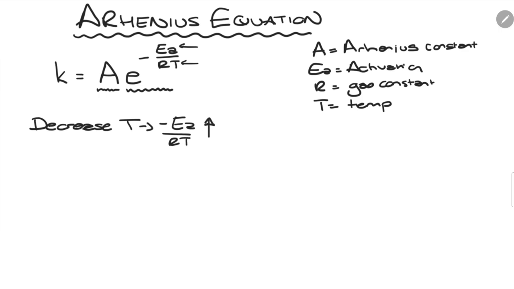If minus EA over RT is to get a larger numerical value, once we put it into the equation, the e to the minus larger value would therefore become smaller overall, and this would therefore lead to a subsequent decrease of the rate constant. And as we know, as we decrease the temperature, the reaction would subsequently slow down.